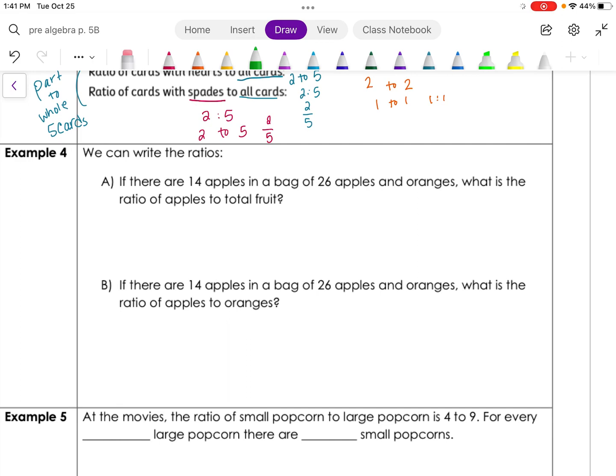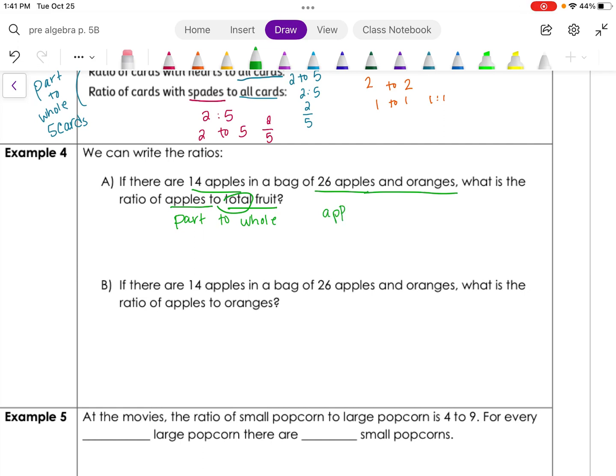If there are 14 apples in a bag of 26 apples and oranges, what is the ratio of apples to total fruit? So total fruit, this is a part to whole relationship because we're talking about the part that's apples out of all the fruit in the bag.